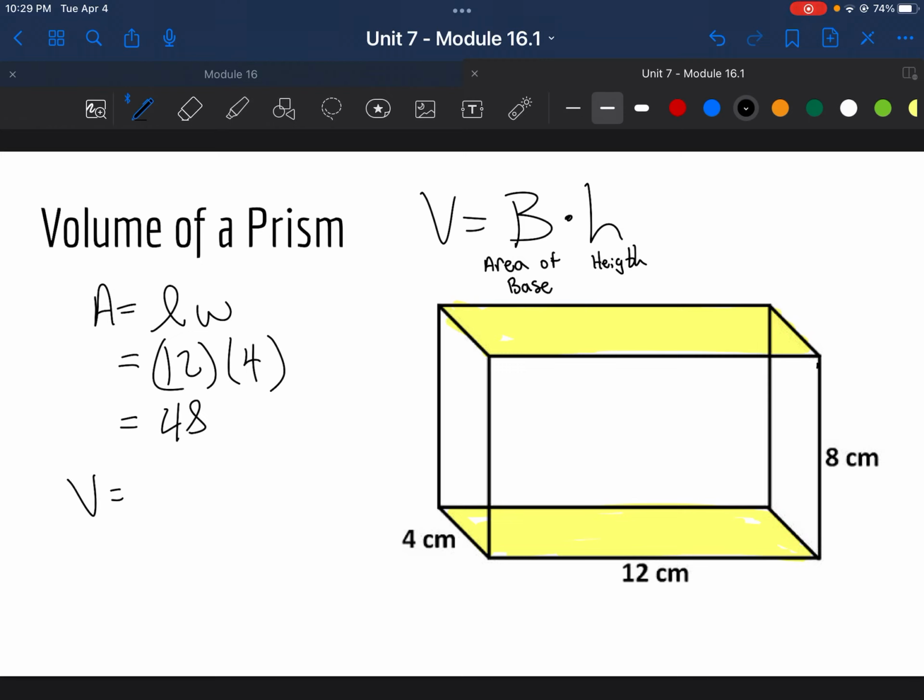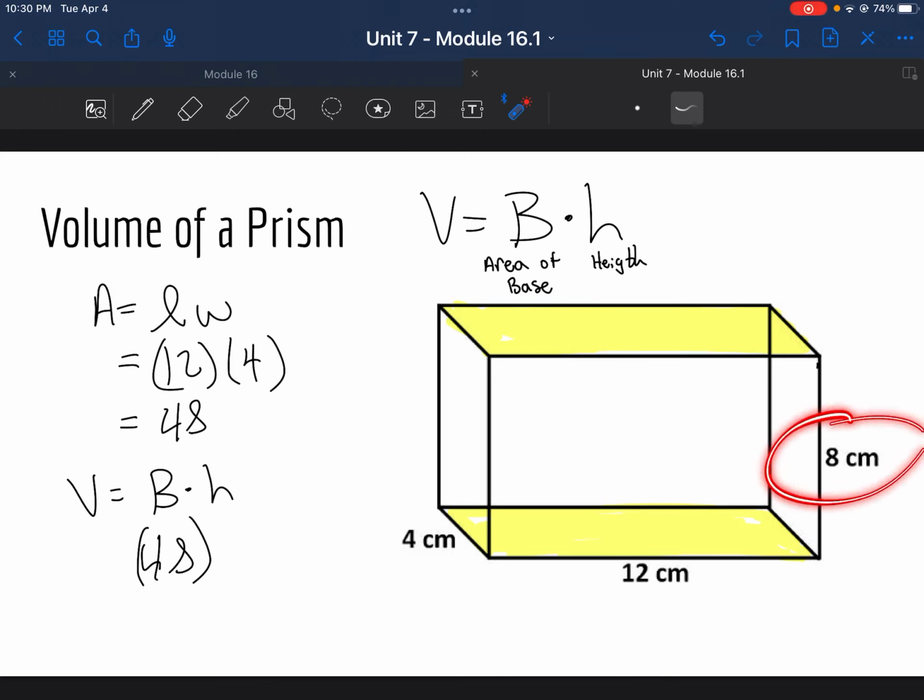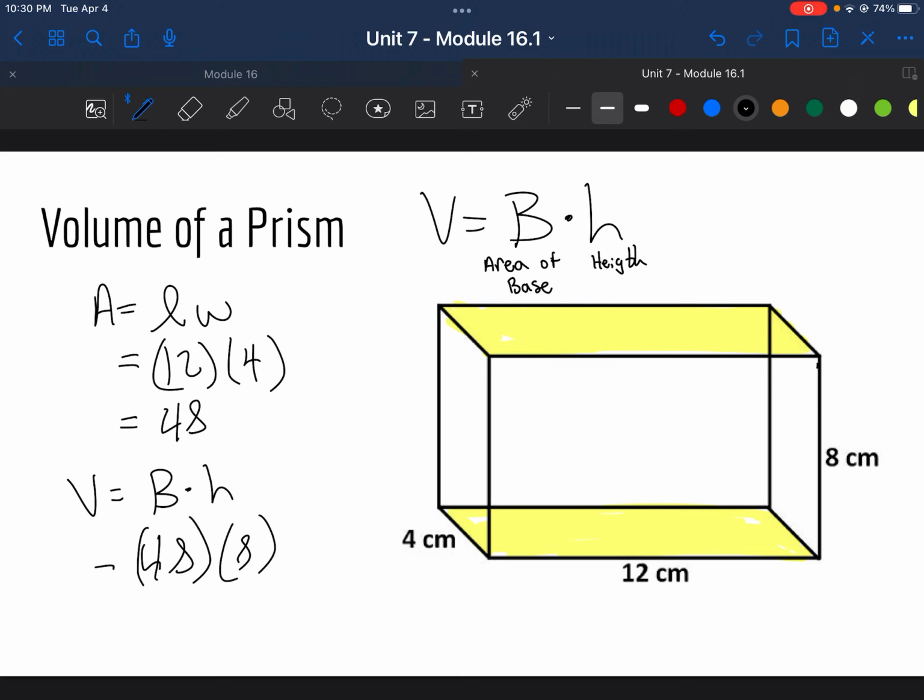Now we're going to plug that into my volume formula, which is, again, the area of my base times the height. We just found the area of the base, which is 48, so I'm going to plug in 48 for my big B. And then my height is just how tall my prism is, so it's going to be 8 centimeters.